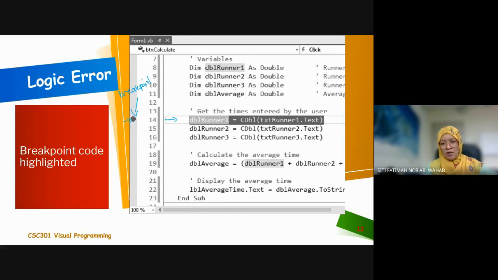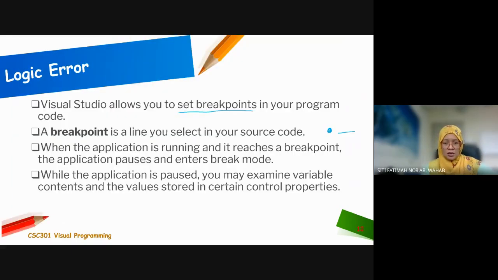What is the value of the double runner? Okay, because we want to use the double runner. What is the value of double runner? Has it been initialized with anything or not? Okay, so that is why they say you may examine. You may check variable contents. What are the values stored in those properties?